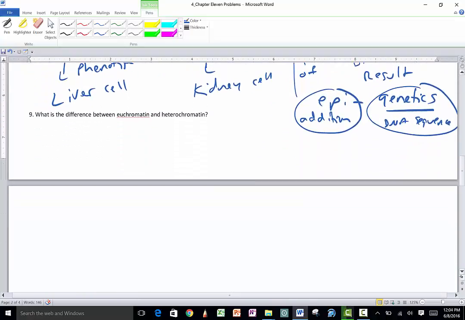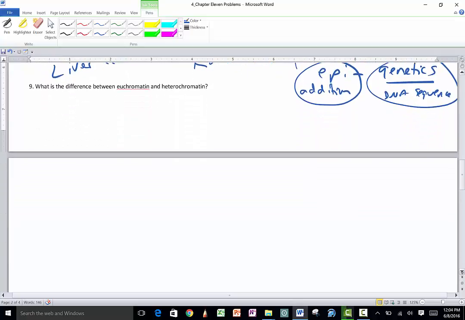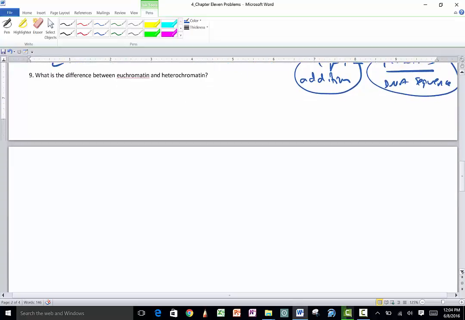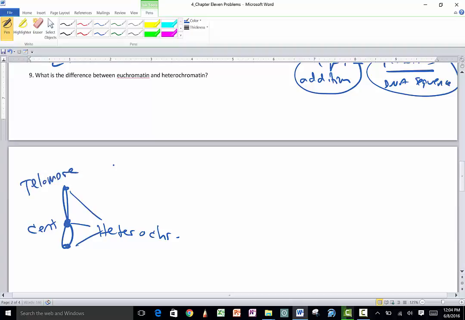Euchromatin and heterochromatin. Essentially, heterochromatin is found in centromeres and telomeres. So that's a centromere, that's a telomere. And this is euchromatin in the arms.